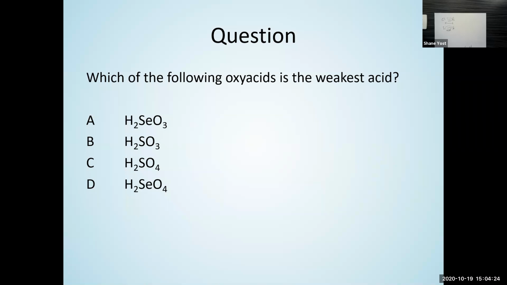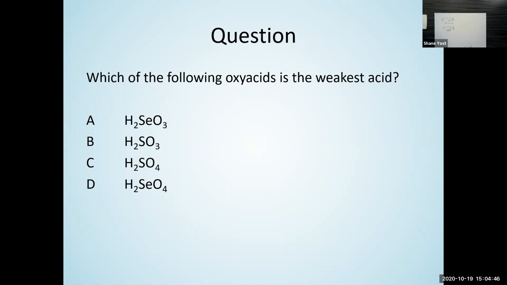And that's the same thing if I compare C and D. C and D have the same number of oxygens, and so it's just the difference between sulfur and selenium. And so H2SO4 is a stronger acid than H2SeO4, okay? Now, if I compare B and C together, there I have the same central atom, sulfur.